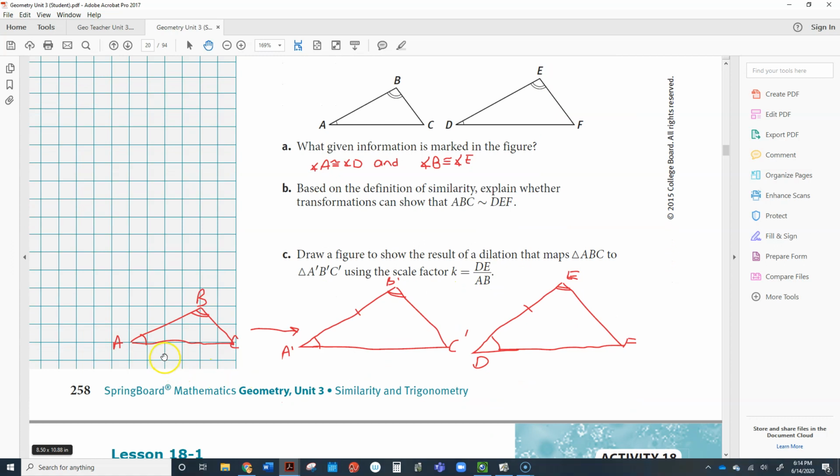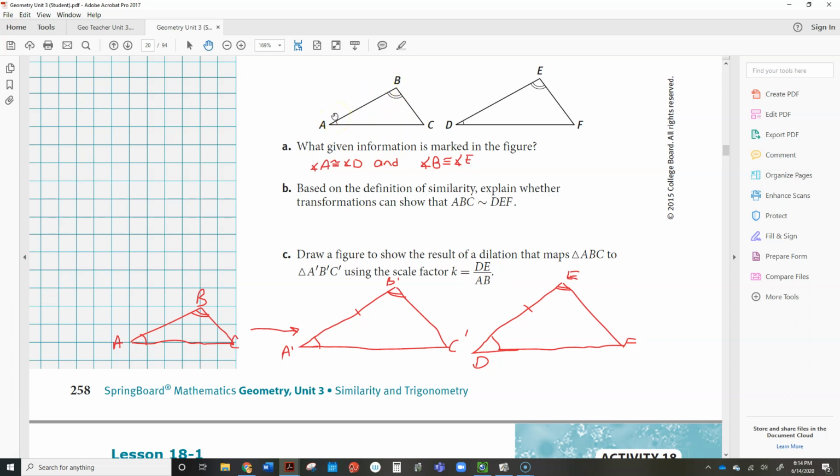And here's what we would do. I would take two side lengths, whether I have to measure them or I can calculate them in some way. I would find two side lengths and I would find my scale factor. They're using AB.